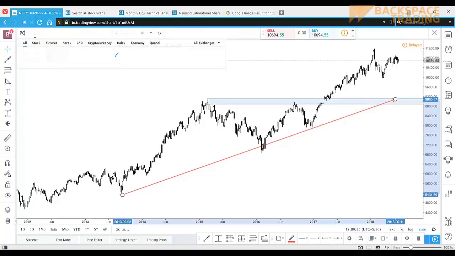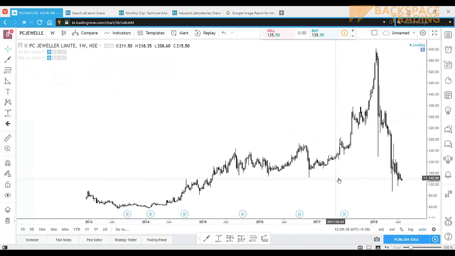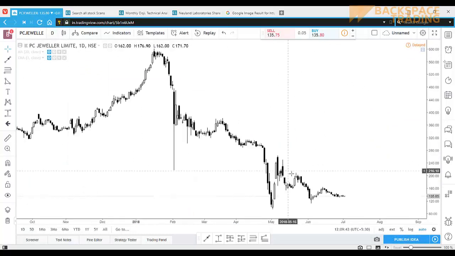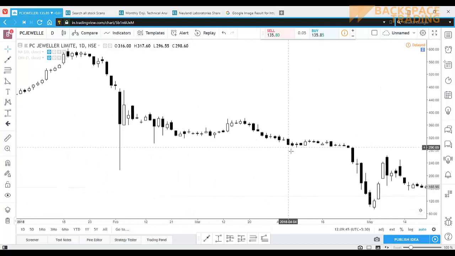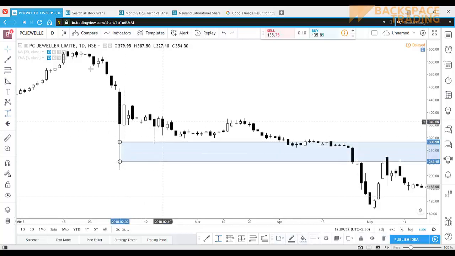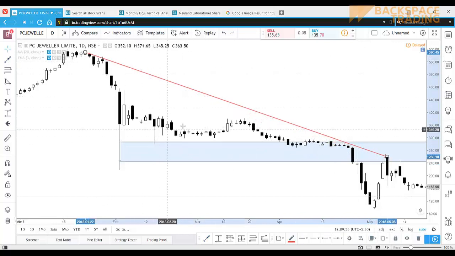Now if you take PC Jeweler, let's take back. What is happening over here? What happened over here is also a kind of triangle-ish formation. From this high, see, price getting lower highs and broke out.